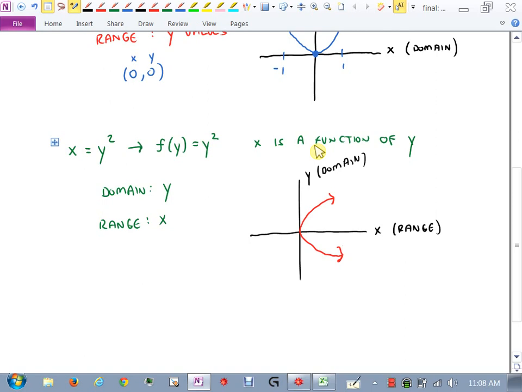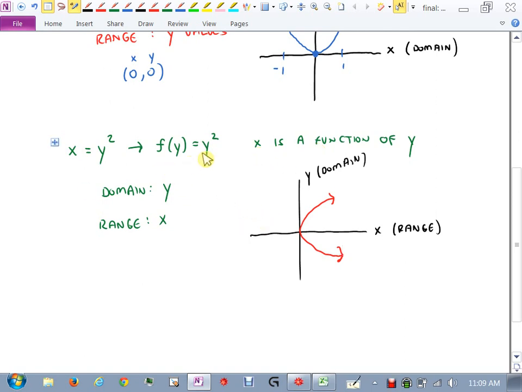Make sense? So when we start talking about functions now, we really want to understand that the vertical line test is kind of off the page now, because it really matters what variable we're saying is a function of which other one. Understand? Okay, so now let's get back to this idea of one input gives you one output.